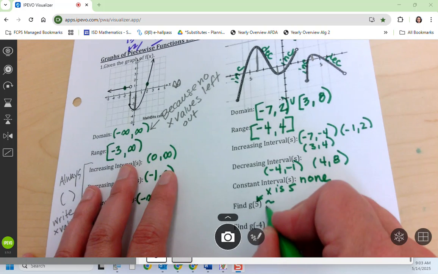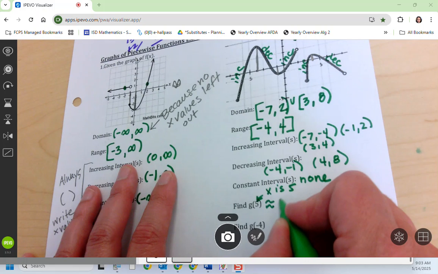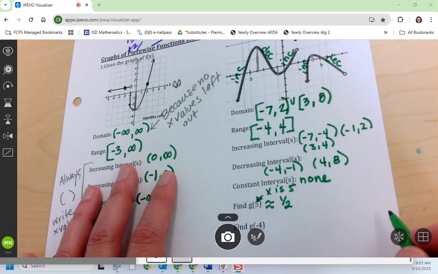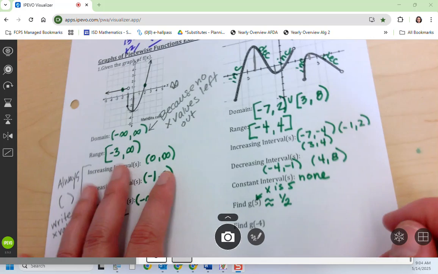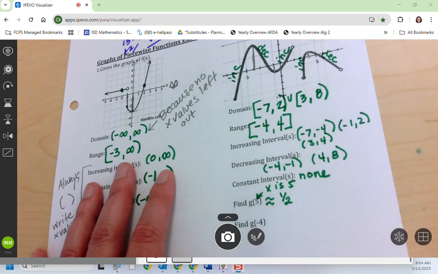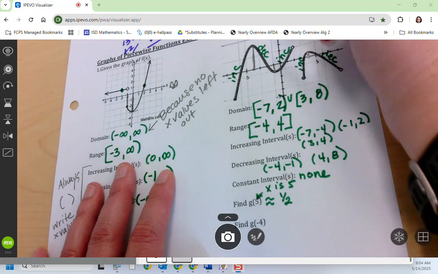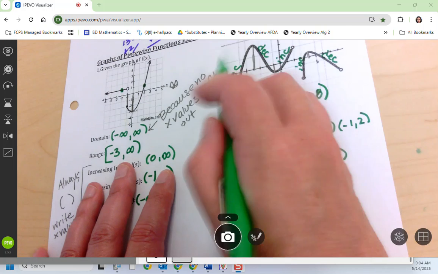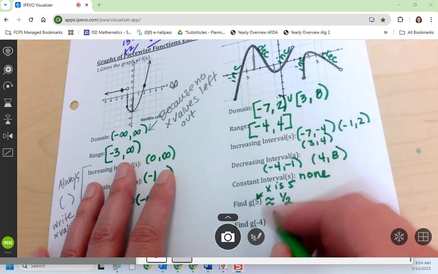I'm going to say approximately 1/2. Would you also take a 0? I don't know. I probably wouldn't give you a question that's that iffy. Alright. It looks a little bit above 0 to me, but it doesn't quite look like 1/2 either. G of -4. So let's go back to -4. 1, 2, 3, 4. And we said that this y value here was +4.